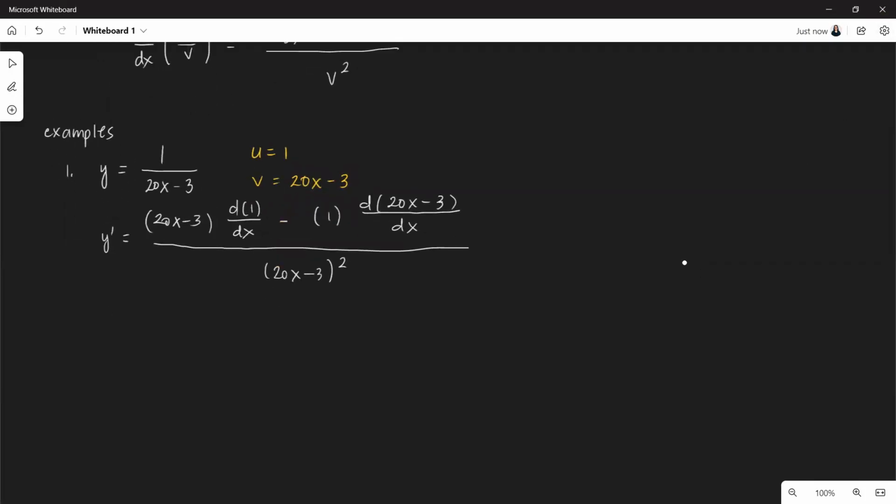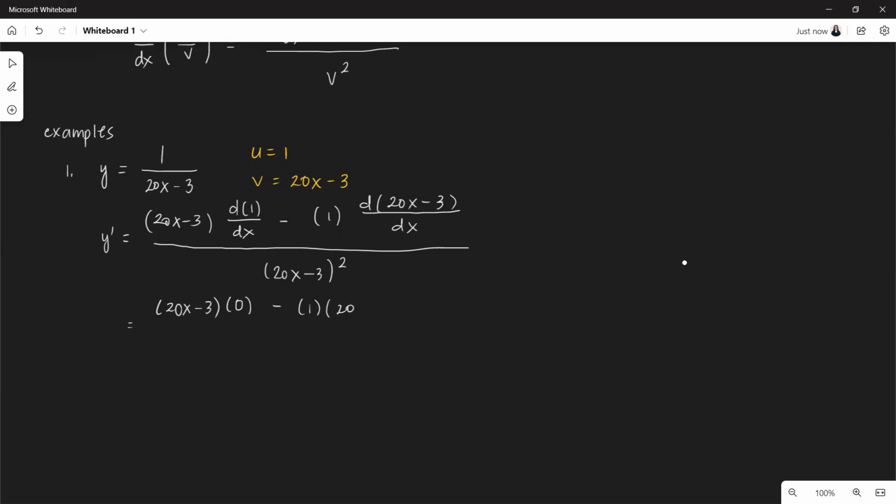So we need to get the derivative of 1. It's a constant, so its derivative is 0. So let me write that. The derivative of 1 is 0, and then minus 1 times the derivative of 20x minus 3. So the derivative of 20x is 20, and the derivative of 3 is 0.